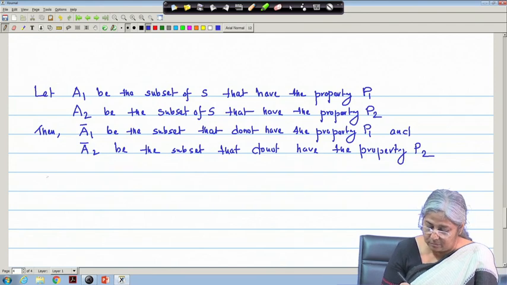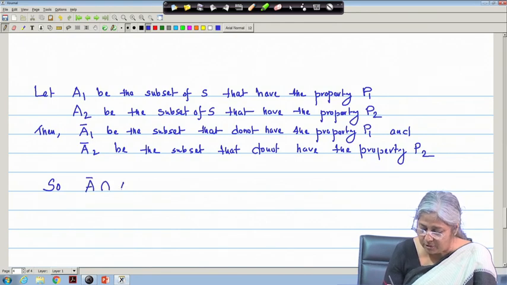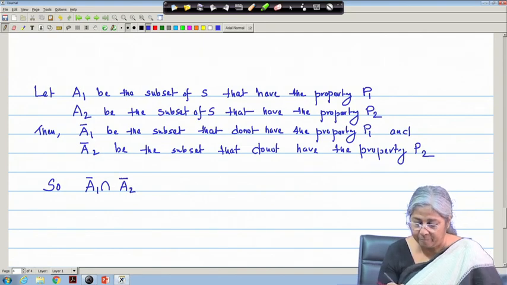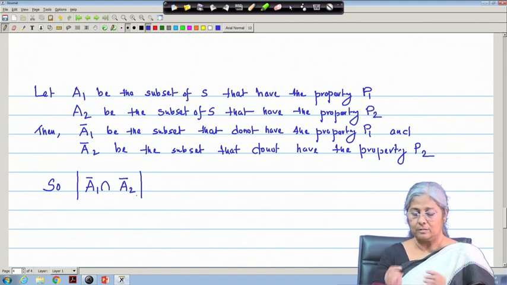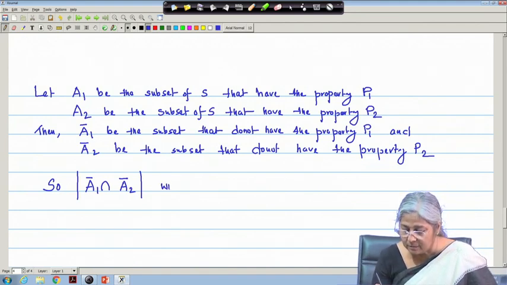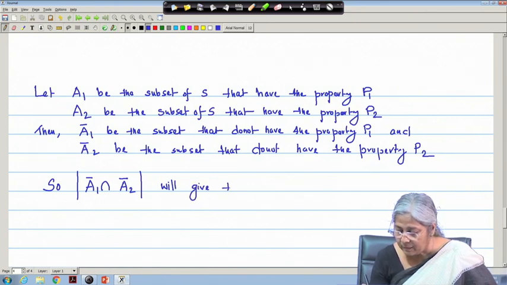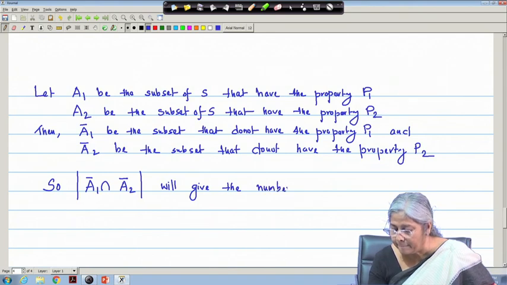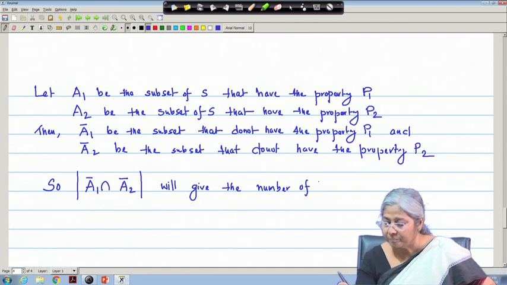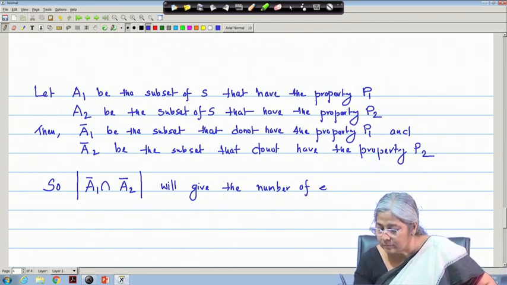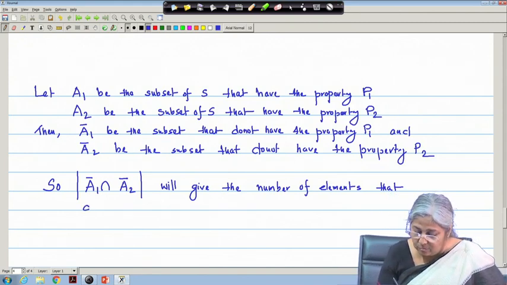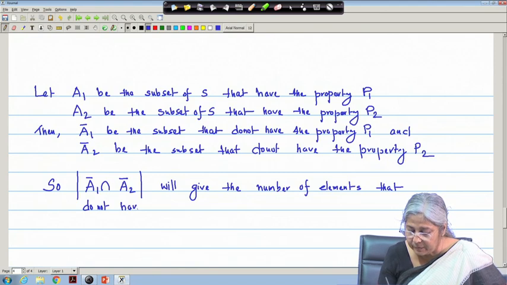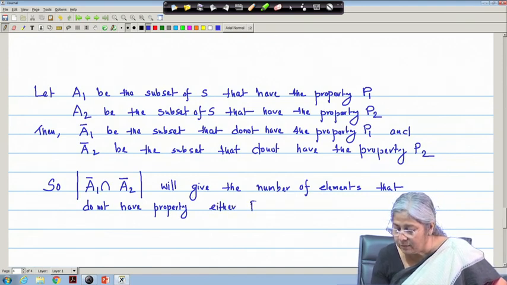So, that A1 bar intersection A2 bar, the cardinality of this set will give us the number of elements of S that do not have either P1 or P2.